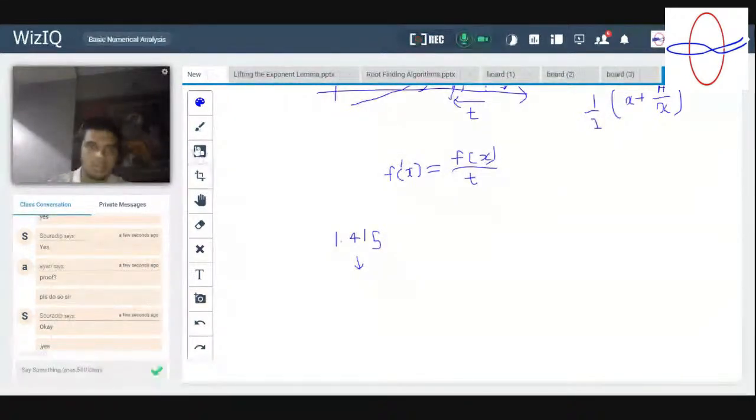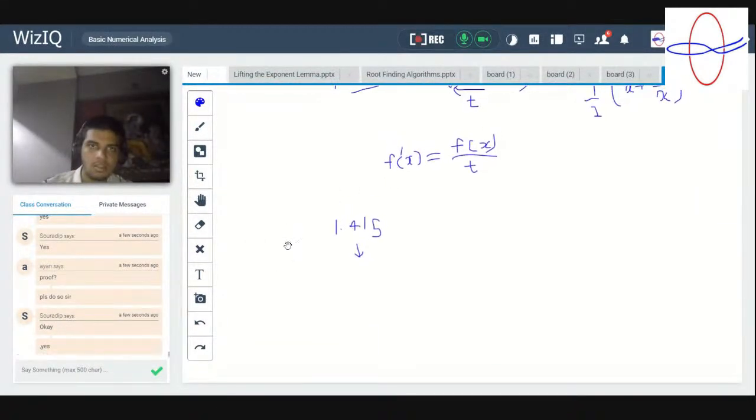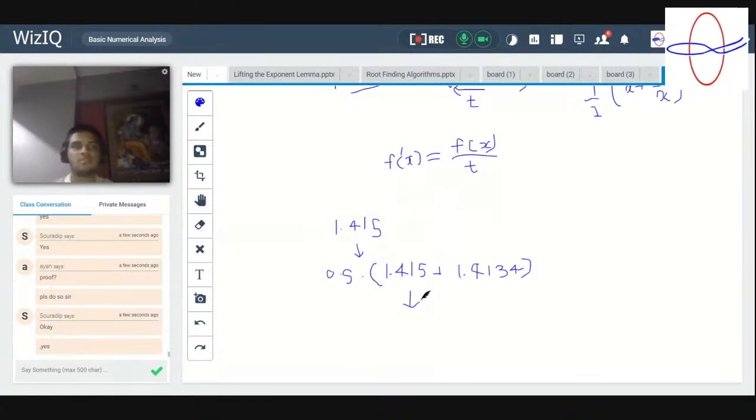Then this will go to half of 1.415 plus 2 over 1.415, which is going to be difficult to calculate. 1.413427, 1.4134, and so on. Right, and then you continue this way.